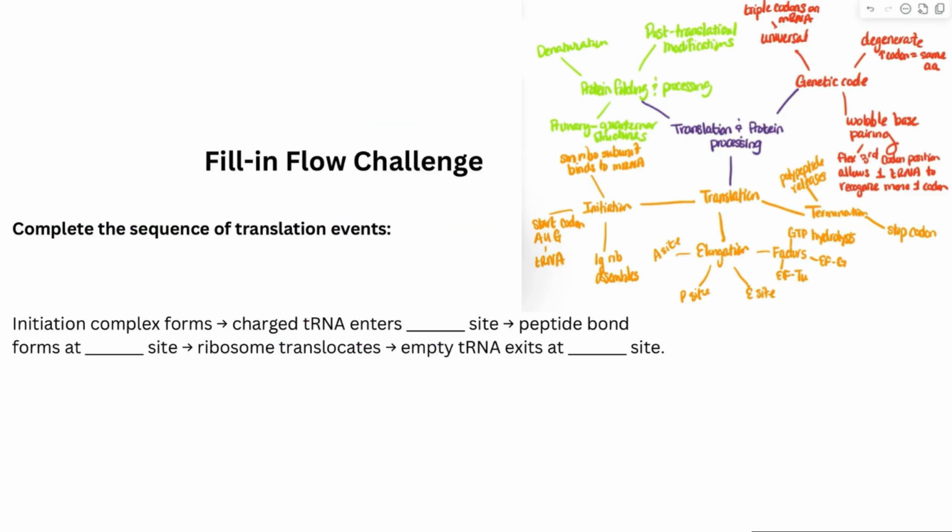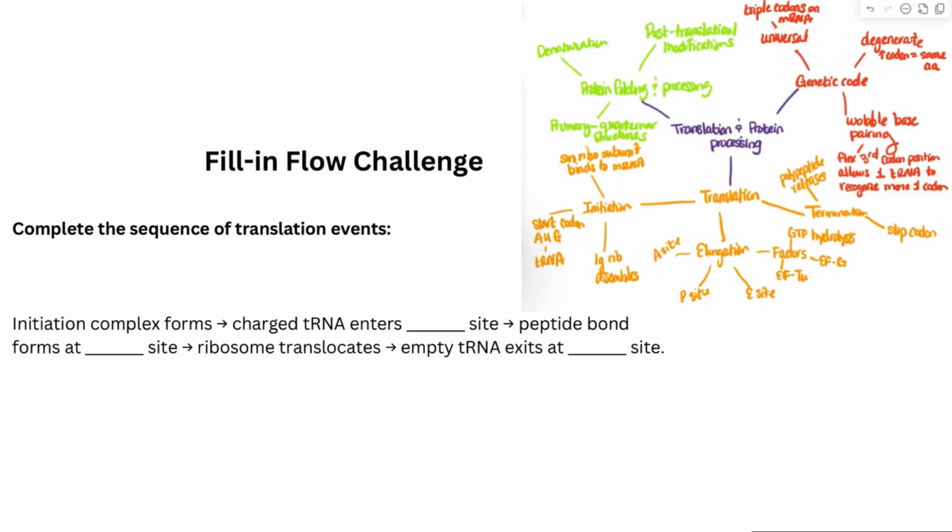Fill in flow challenge. Complete the sequence of translation events. Initiation complex forms. Then charged tRNA enters the blank site. Peptide bond forms at what site? Blank site. And ribosome translocates.